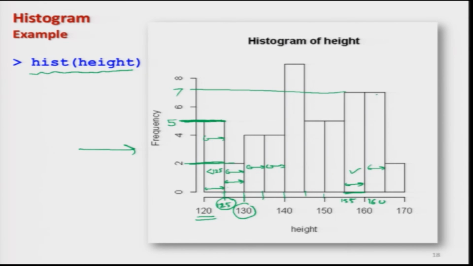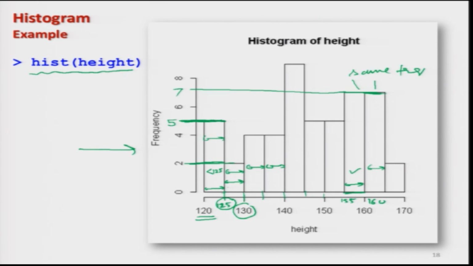So, these 2 bars have the same frequency. I can say that the number of persons having heights from 155 to 160 centimeters and 160 to 165 centimeters are the same. This type of information is revealed from this type of graphics.